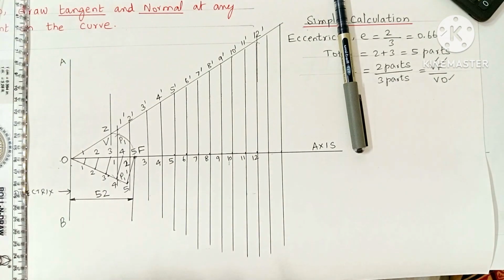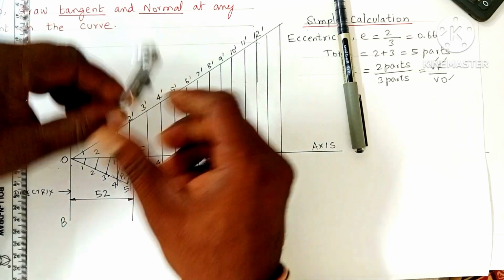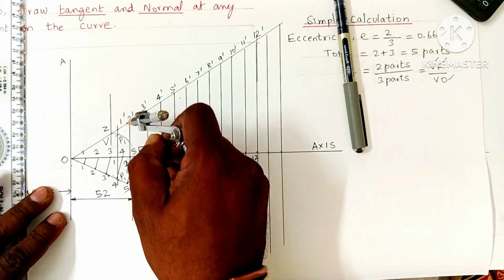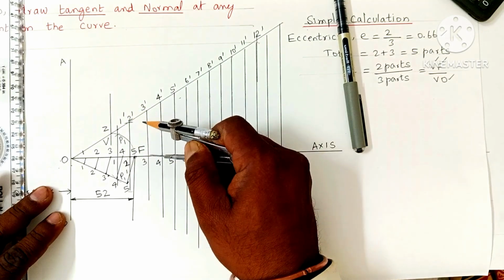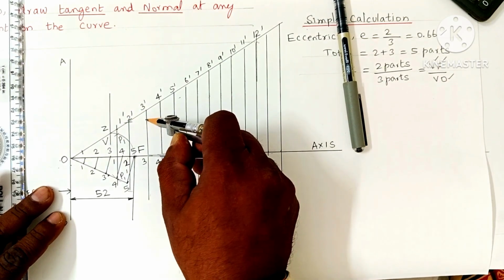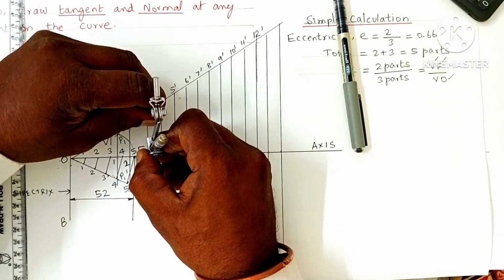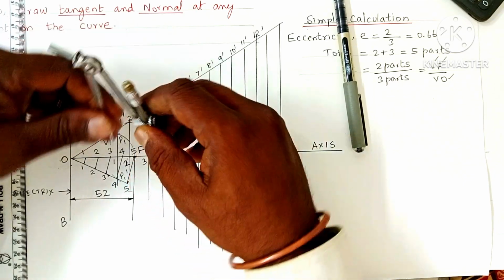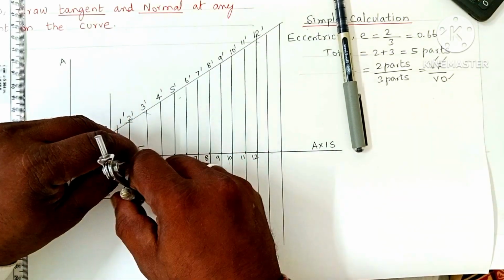Take 2 dash vertical distance in your compass. F as center, cut an arc on the second vertical line, 2 dash vertical line. It cuts it here. Similarly, on the third vertical line, 3 dash distance is taken in the compass. F as center. Always the fixed point, the focus, will be the center for cutting the arcs.